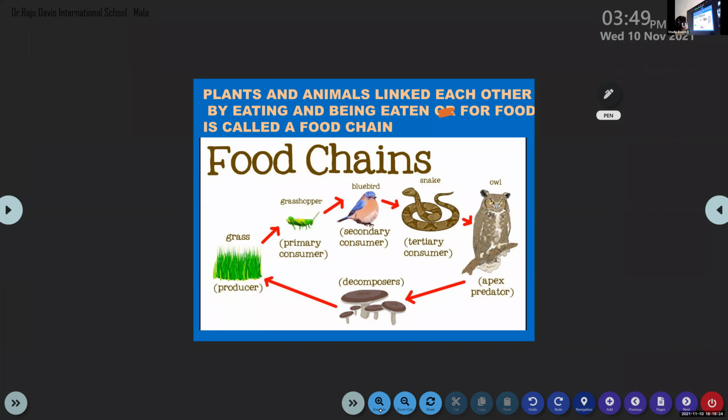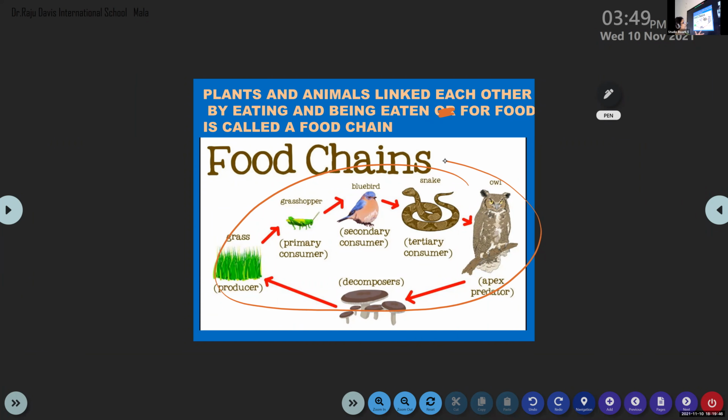Okay. So the first food chain, once again I tell you: the grass will be eaten by the grasshopper. So grass is the producer. Those that eat others are consumers. In this food chain, the grasshopper is the primary consumer. First it will eat, then birds will eat the grasshopper.